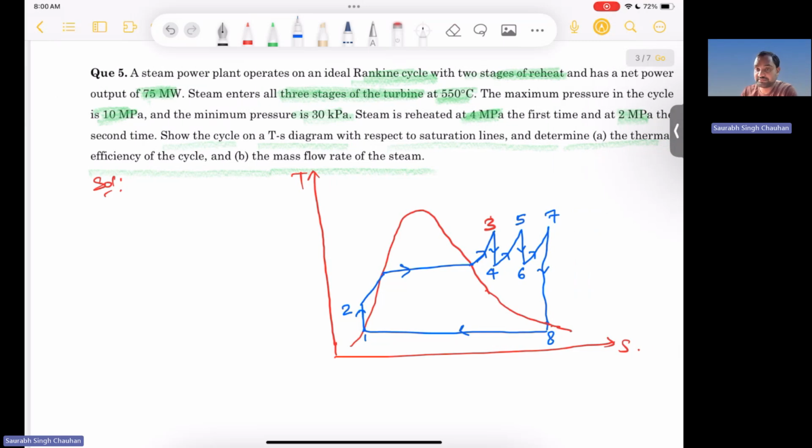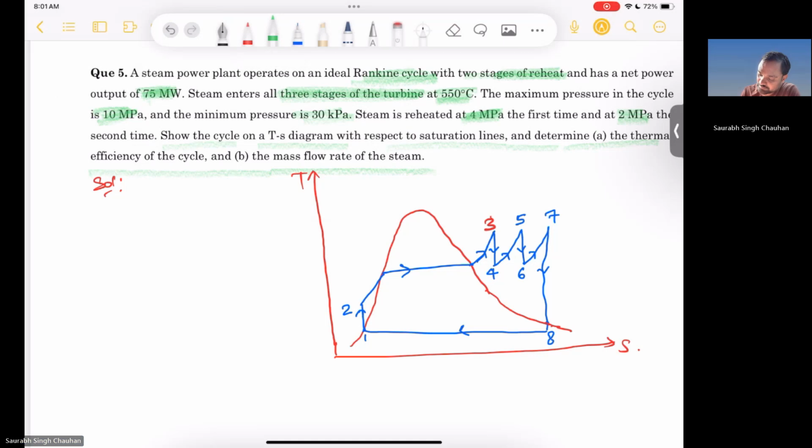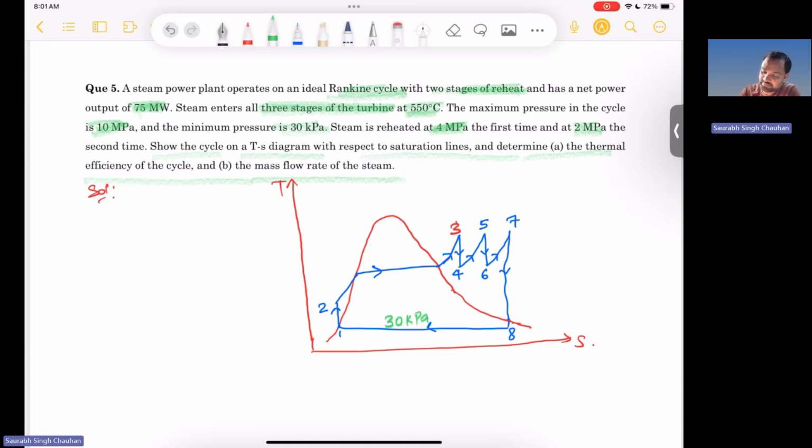We can also write these pressure values. The minimum pressure is 30 kilopascal. Maximum pressure is 10 megapascal, right? It is given.